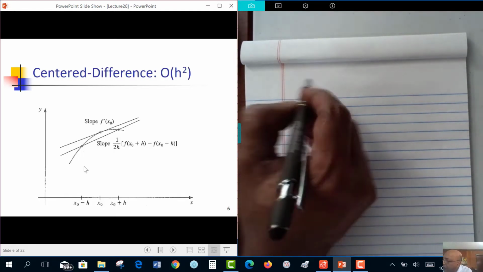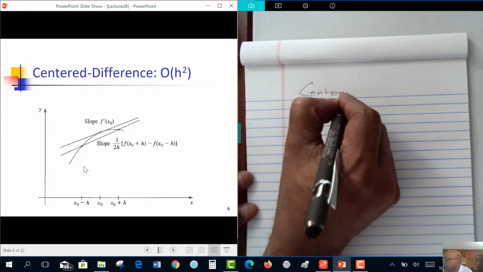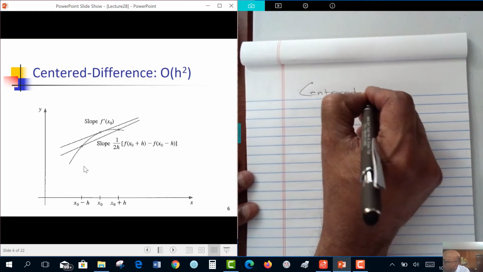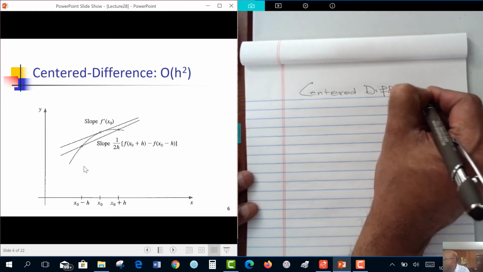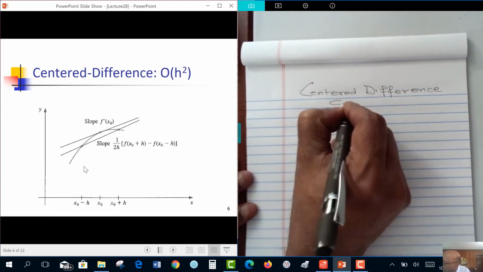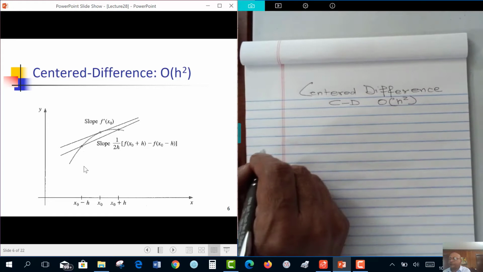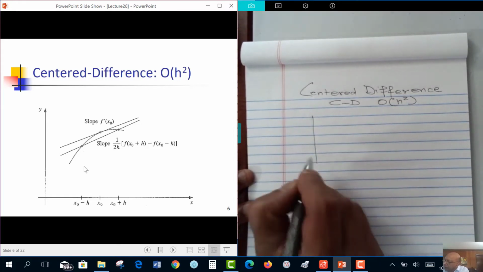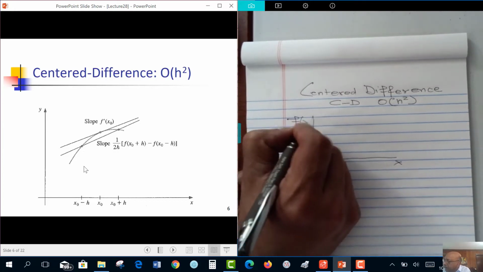So let's see how to get centered difference. I'll use CD for short, order h square relation. So let's draw again. This is x, this is function x.